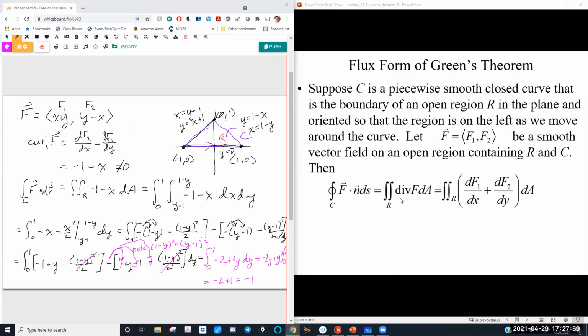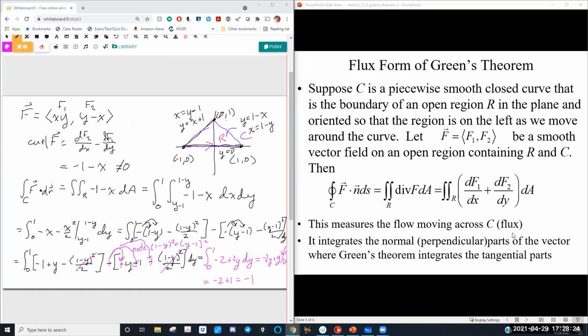So we're going to do the double integral of the divergence instead of the curl. Again, we saw the divergence last time. This is the 2D version of the divergence theorem. A week from Tuesday, we'll talk about the divergence theorem in 3D. Basically, this measures the flow of the vector field across our path. That's what we call flux. That's a definition from physics.